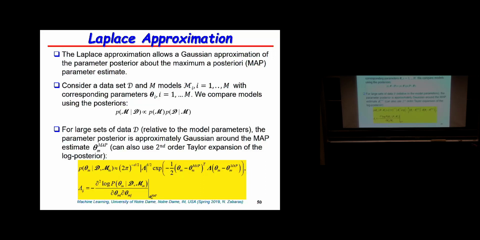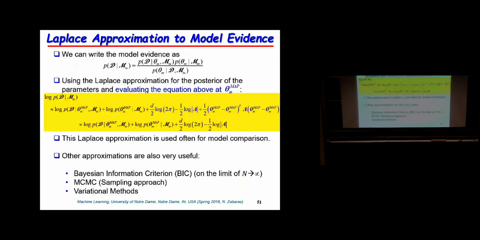So I'm going to go back to the model evidence and give you an approximation, and then define some basic criteria for model selection, where we use the Laplace approximation for the posterior of the parameters. Don't bother about the conditioning on model M; everything is conditional on a very specific model.